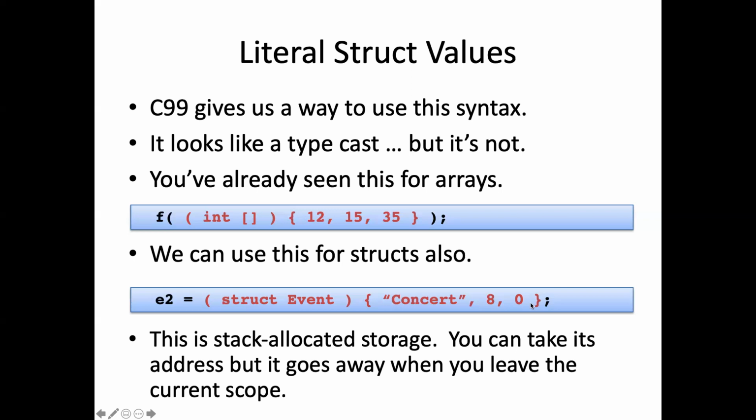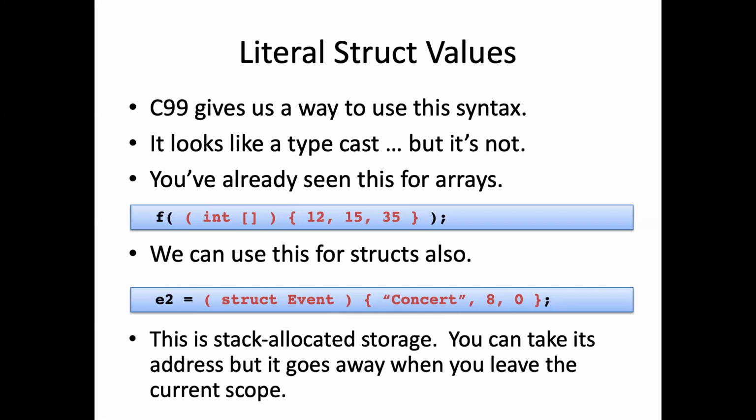Can you make pointers using this? Well, you can. Like, and we will in a slide or 2, if you put an ampersand here in front, you're saying make this thing, just give me a pointer to it. But keep in mind, this thing is still stack allocated. So if you say, I just want the address of it, you can use that address, but the thing that address points to is going to go away whenever this code goes out of scope.